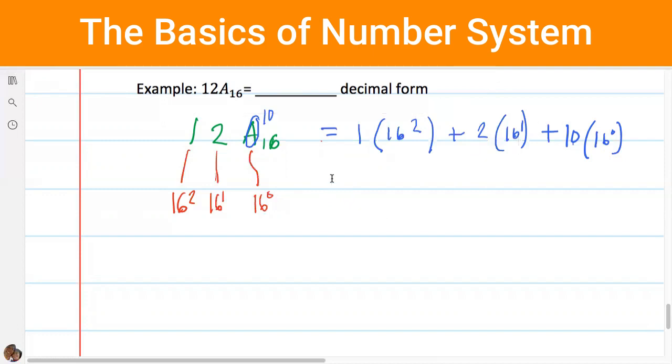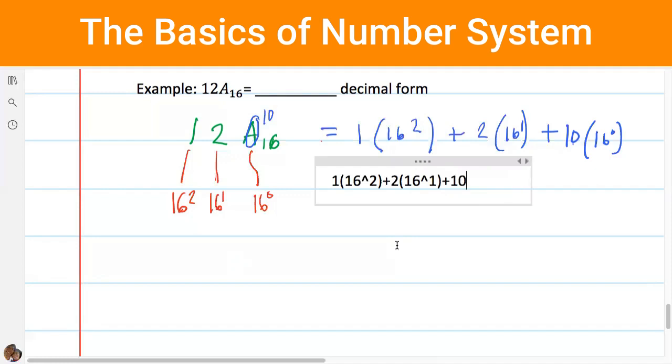Now I will be using my computer here to solve for the value. So 1 multiplied by 16 squared, plus 2 multiplied by 16 raised to 1, plus 10, which is actually A, multiplied by 16 raised to 0.